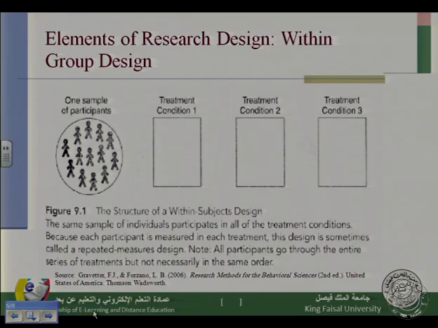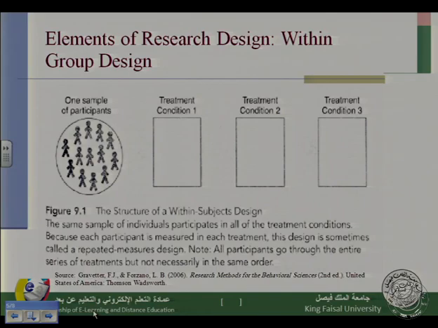We don't have more than one group. The structure of within subject design: the same sample of participants in all of the treatment conditions, because each participant is measured in each treatment. This design is sometimes called a repeated measures design. Yes, this is called a repeated measures design, we have them all taking all 3 treatments.